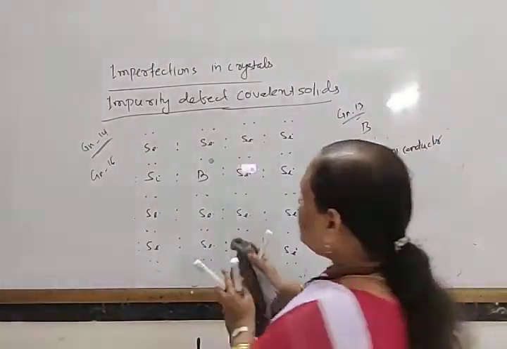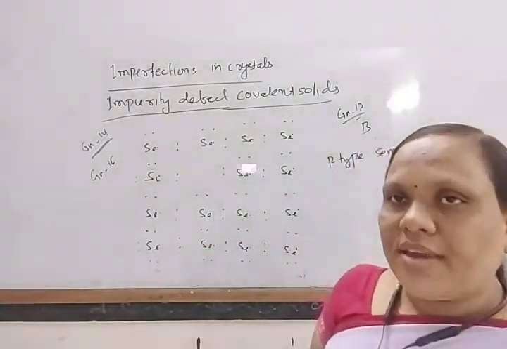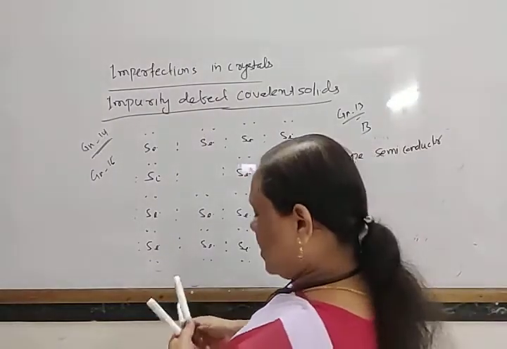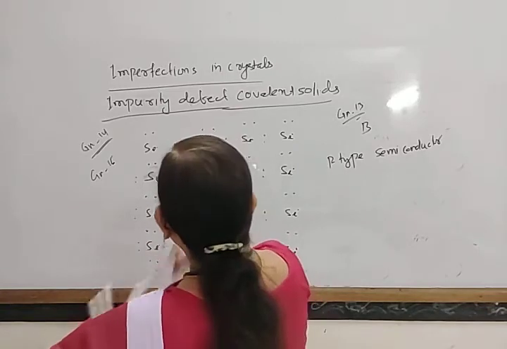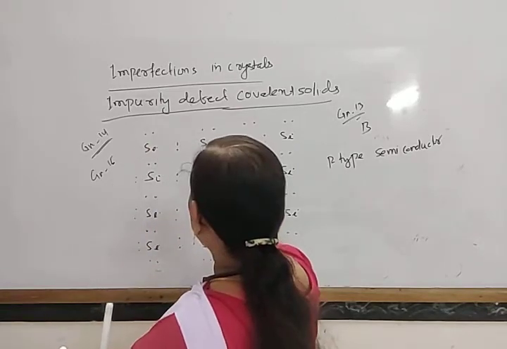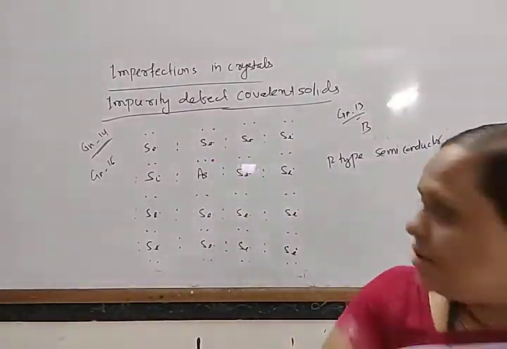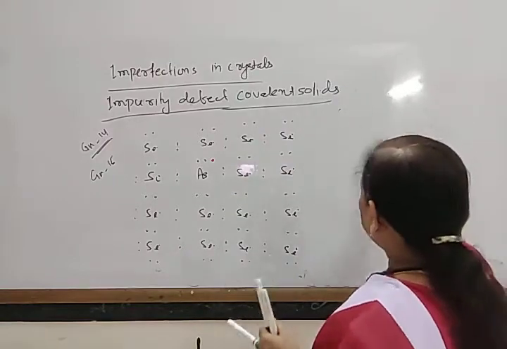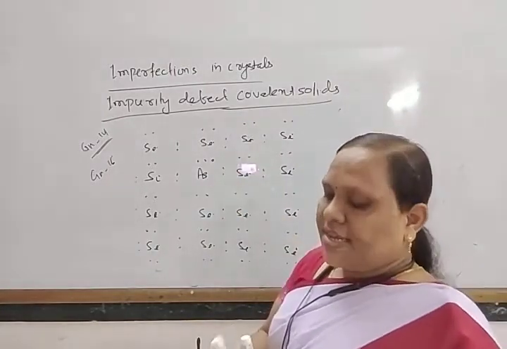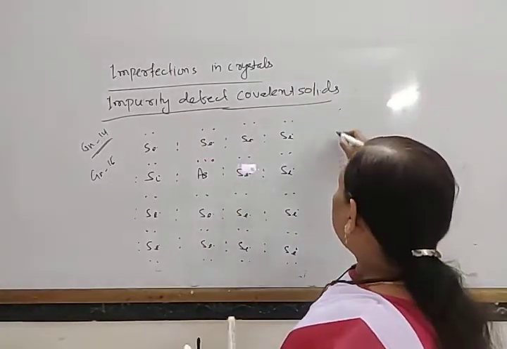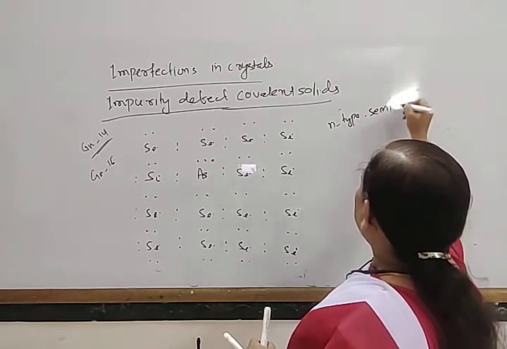Arsenic has 5 valence electrons, so an extra electron remains here. Due to the presence of the extra electron, it carries a negative charge. So this type of semiconductor is called an n-type semiconductor.